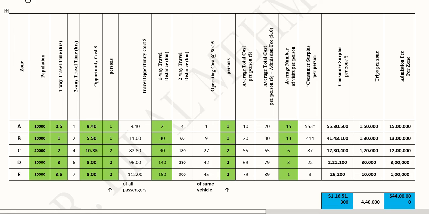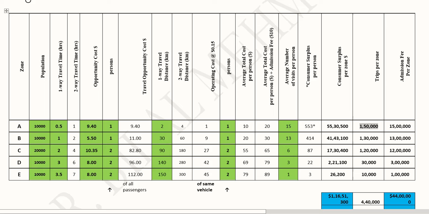Finally, if we add the admission fee into this calculation, it will be a multiplication with 10, because 10 is the admission fee and this much of the trips are happening. So the number of trips multiplied by the admission fee for one trip, one entry, will be equal to this.